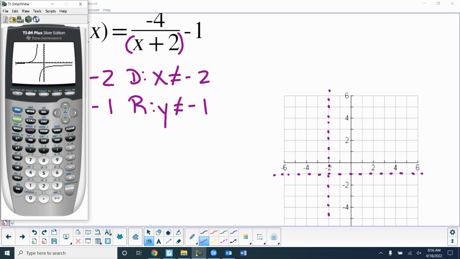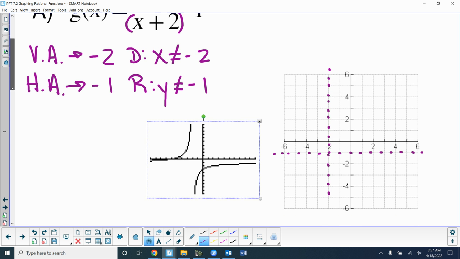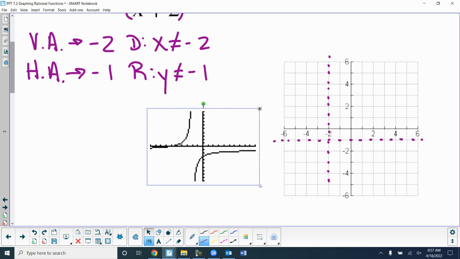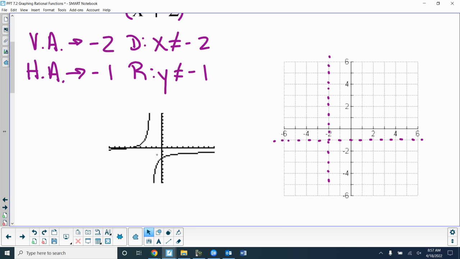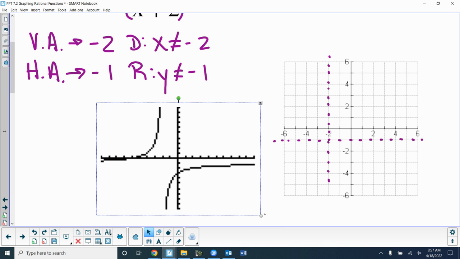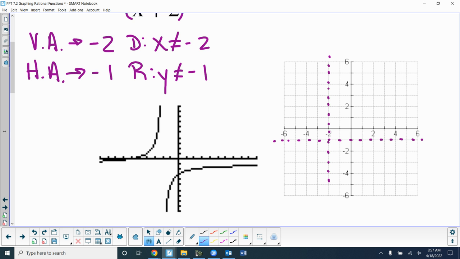And if I were to make this a little bigger, okay? If I drew a dashed vertical line, when we say -2, right there's -2, you'll see that it doesn't touch that.